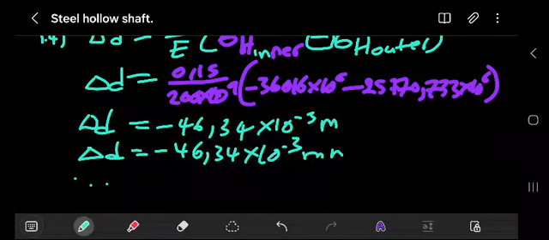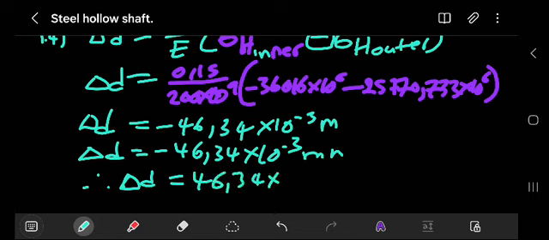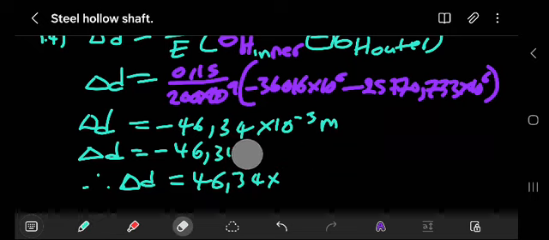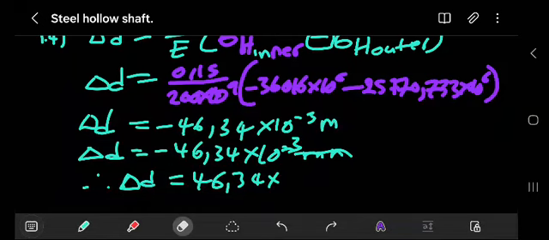Also, therefore, our shrinkage will be 46.34 times 10. If we want that to be in millimeter, it's supposed to be like this, isn't it?